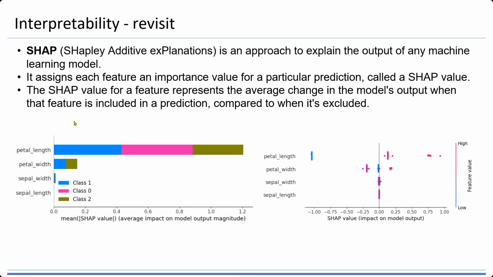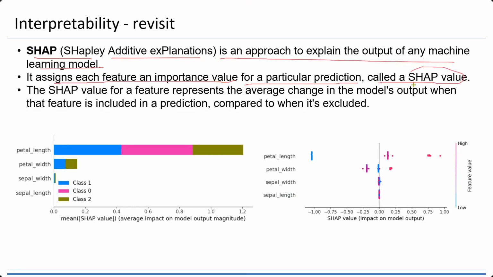We can use SHAP value to understand the features. If you still remember the SHAP. SHAP means Shapley additive explanation. It is an approach to explain the output of any machine learning model. And it assigns each feature an importance value for a particular prediction.